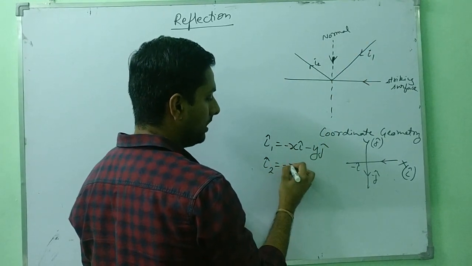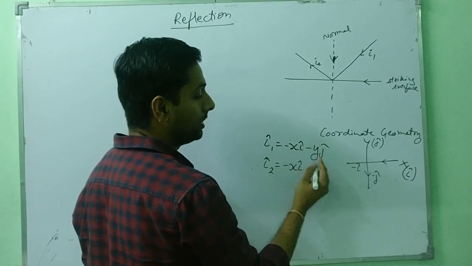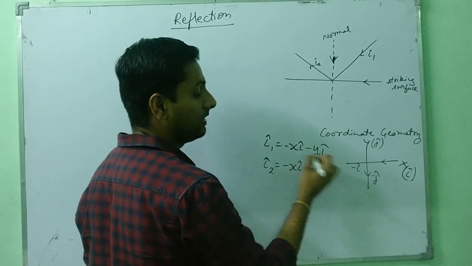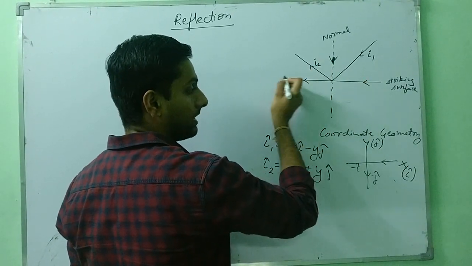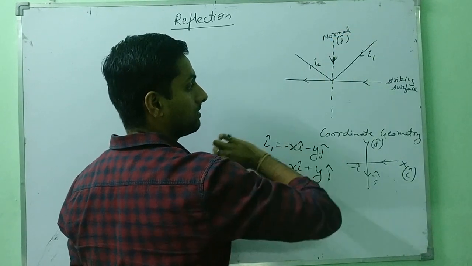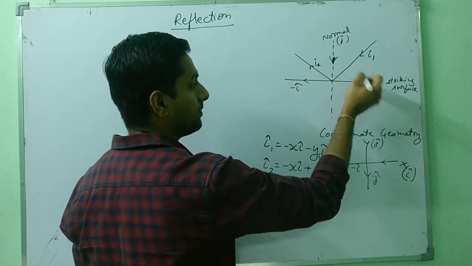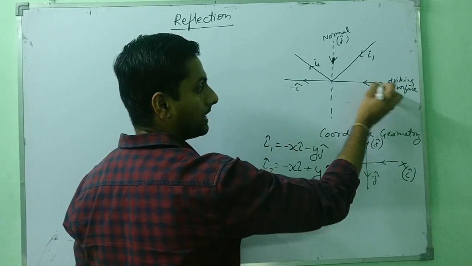That means it will continue to go in minus x, but the perpendicular one changes, so it is plus y j cap. So it continues in the negative x direction and the y component is positive, and this direction will be plus i cap if you go in this direction.